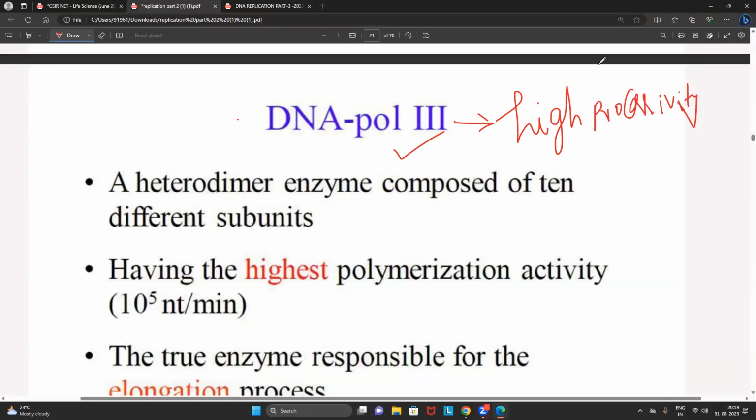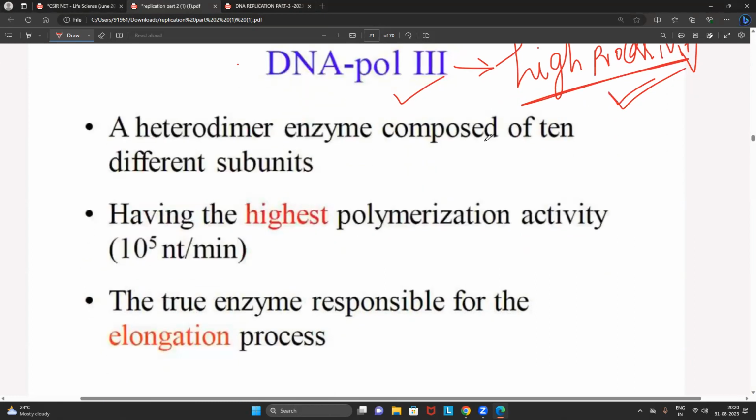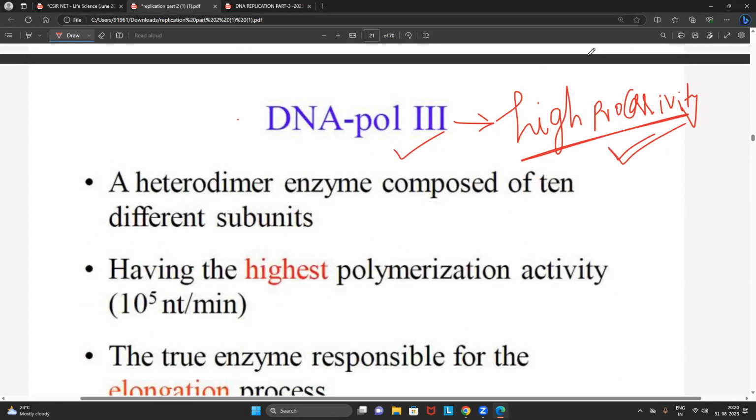Every student, quickly answer my question. How does DNA polymerase 3 get the highest processivity? What is the name of the protein that is involved in the processivity of polymerase 3? Consider this question, you will get it in the exam. Every one of you, what is the name of the protein that increases the processivity of DNA polymerase 3?